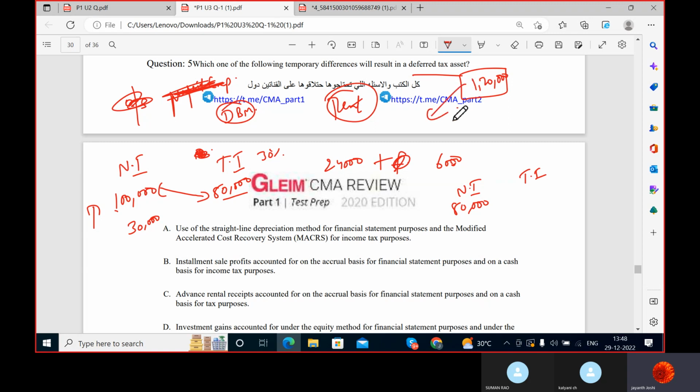You received the entire amount in cash and recognized it here because this is based upon cash basis. Here you will not recognize that; you will recognize it as a liability. At the end of the year, that entire 1,20,000 will become revenue for you. Here the revenue is recognized at the beginning of the year only. So because of that, differences may be created.